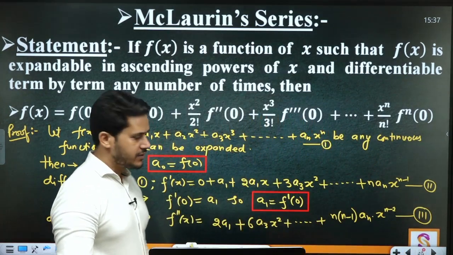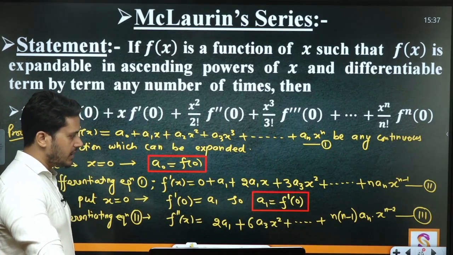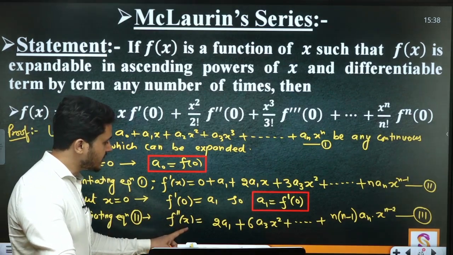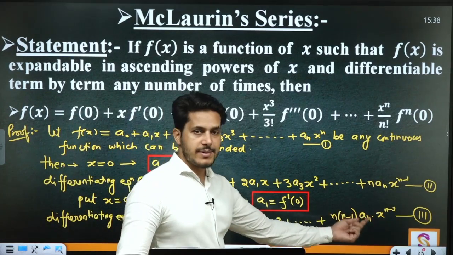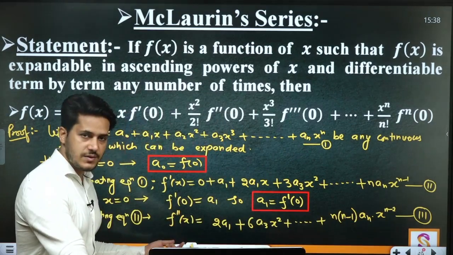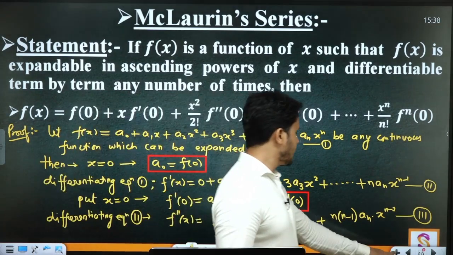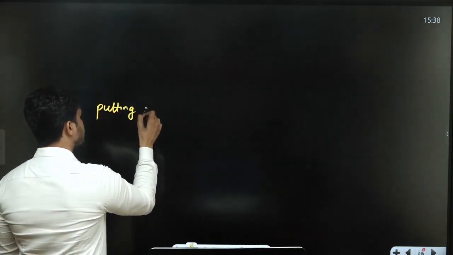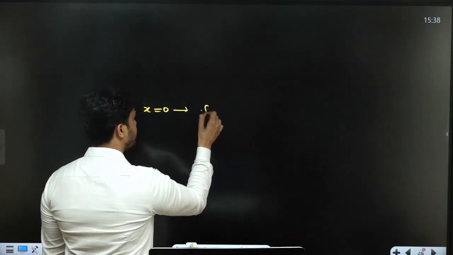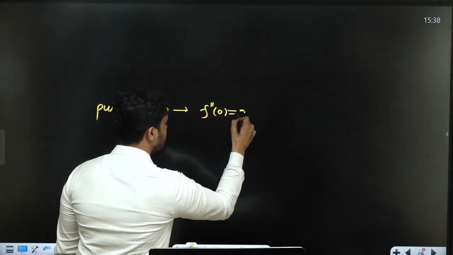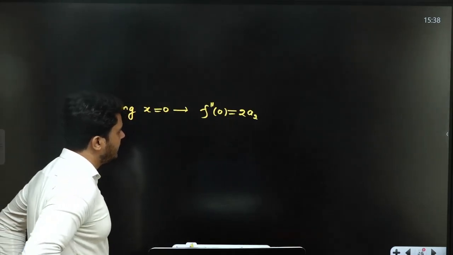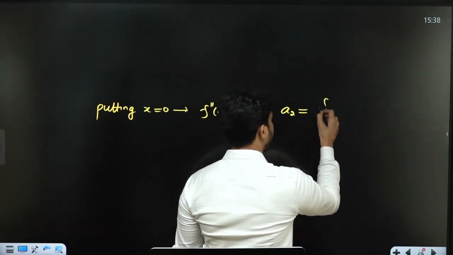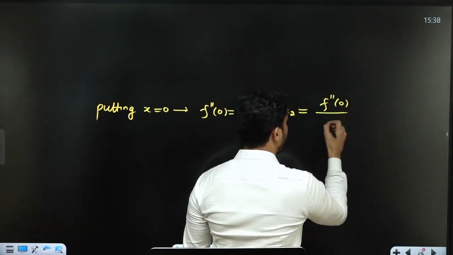And if you put x equal to 0 again in this equation, so f''(0) will be 2 a2 only, and the rest of the terms will be 0. सिर्फ f''(0) 2 a2 के बराबर आएगा, ठीक है. Putting x equal to 0, so f''(0) is equal to 2 a2, or a2 is equal to f''(0) upon 2.